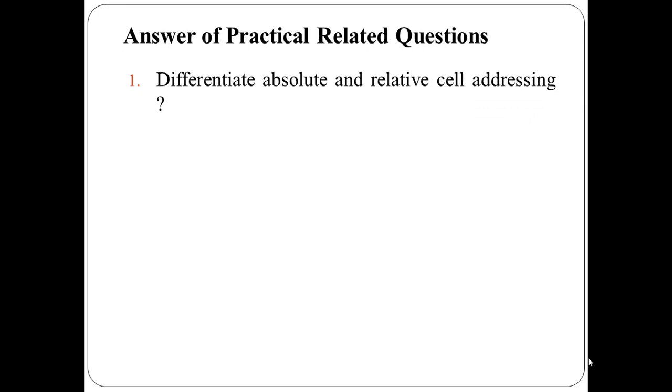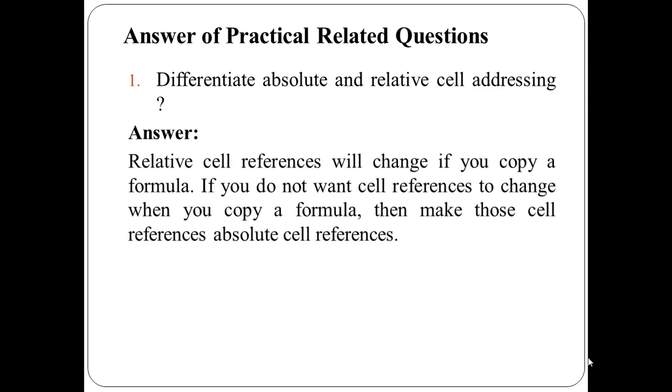Now, let us discuss the answers of the practical related questions. The first question is differentiate absolute and relative cell addressing. The answer of this question is, as you know, relative cell references will change if you copy a formula. If you do not want cell references to change when you copy a formula, then make those cell references absolute cell references.